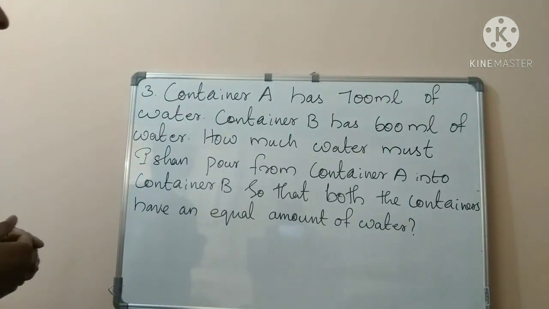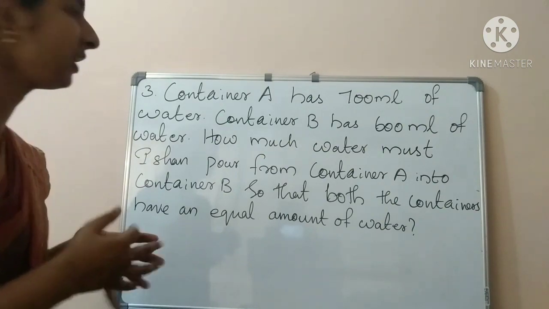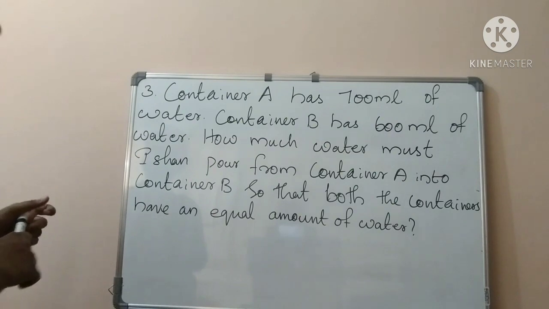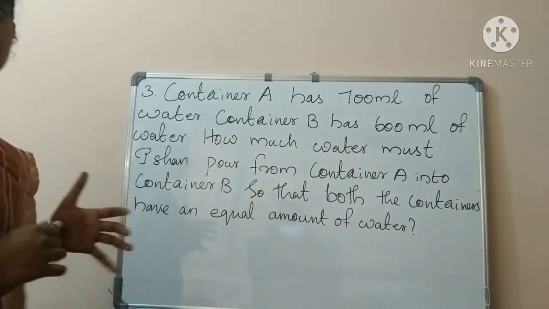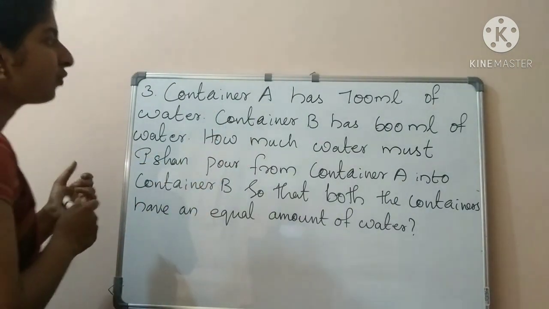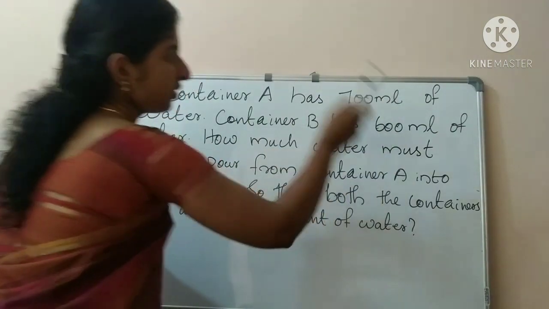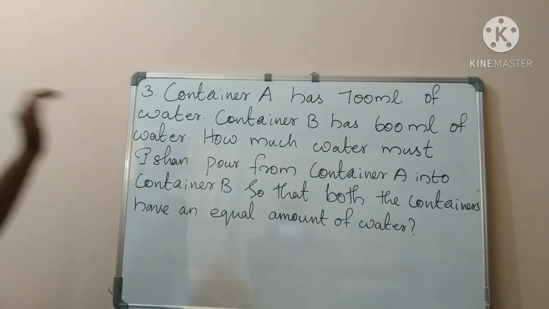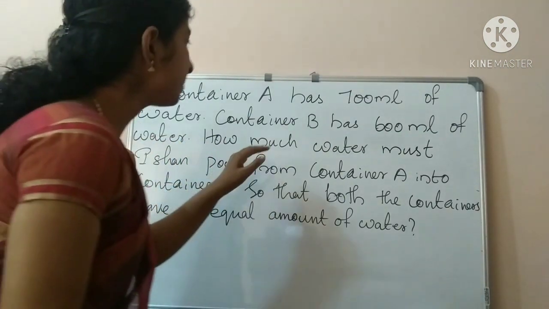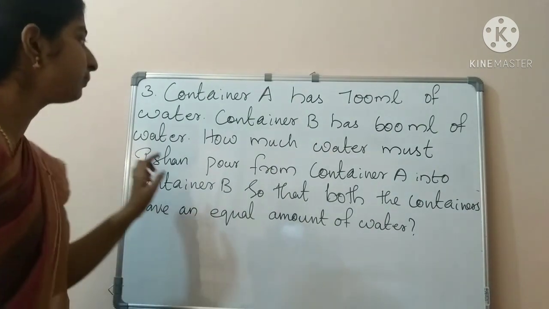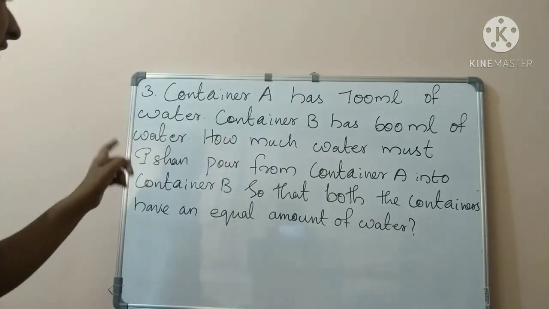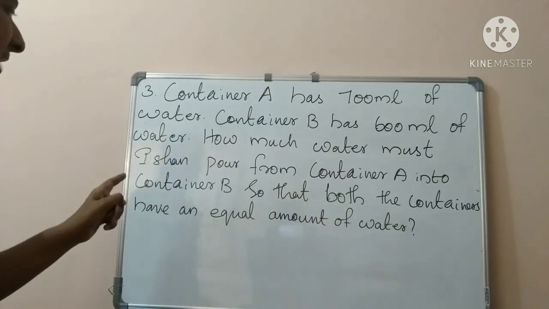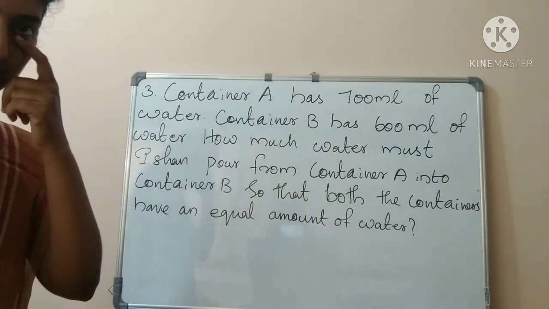See, the amount of water in container A is 700 milliliter. The amount of water in container B is 600 milliliter.